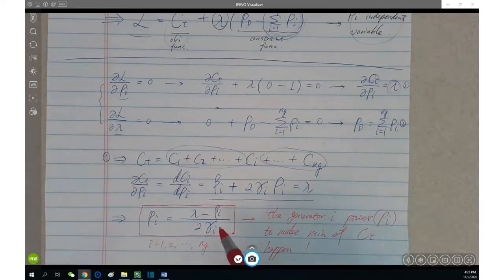So on the other side of the equal sign, we have I varying from 1 through n sub g as well, right? Coefficients beta I and gamma I. Does everything make sense so far?